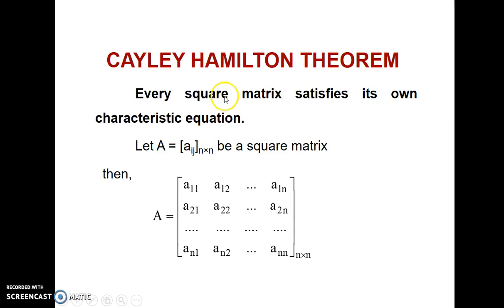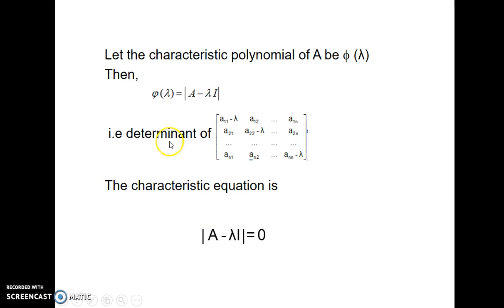Now, the Cayley-Hamilton theorem. It is a very simple statement: every square matrix satisfies its own characteristic equation. We have seen what a characteristic equation is. If A is an n by n matrix, a square matrix of order n, then the determinant of A minus lambda I is the characteristic polynomial.